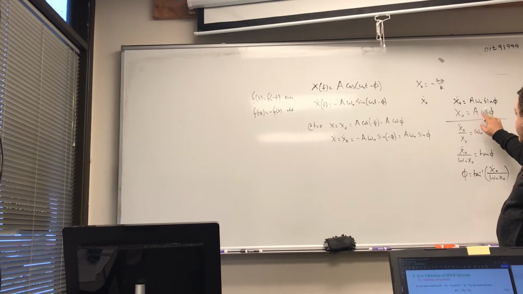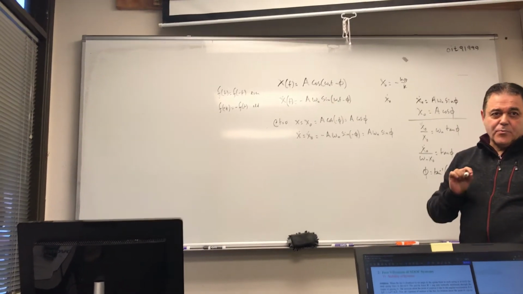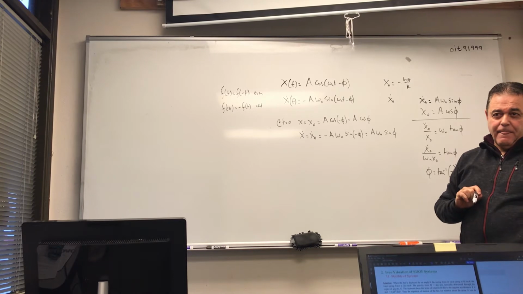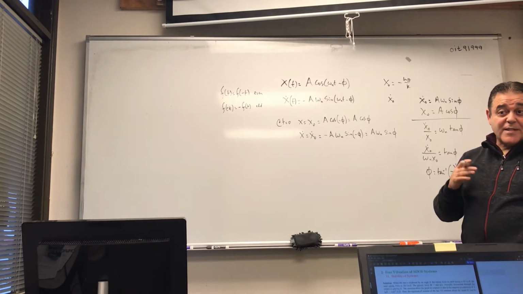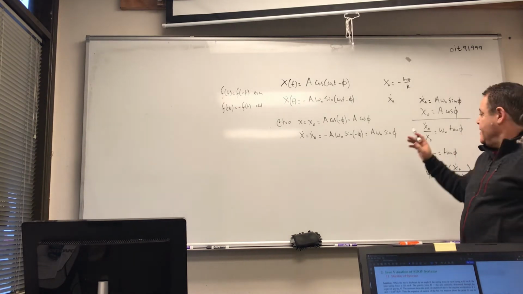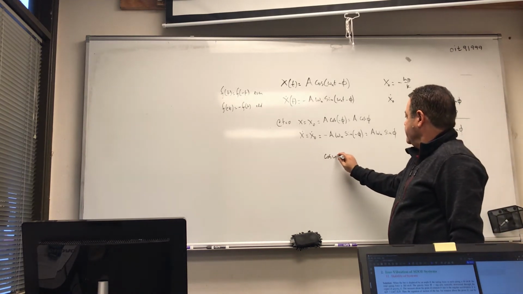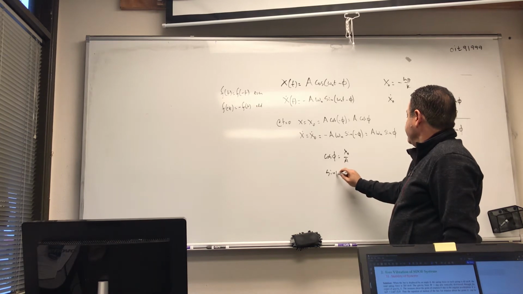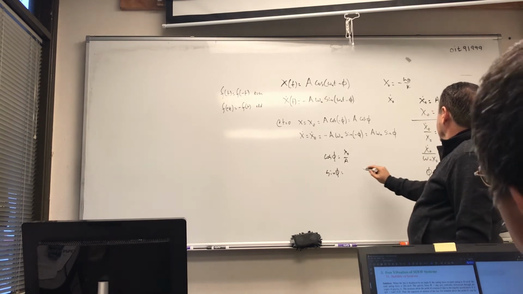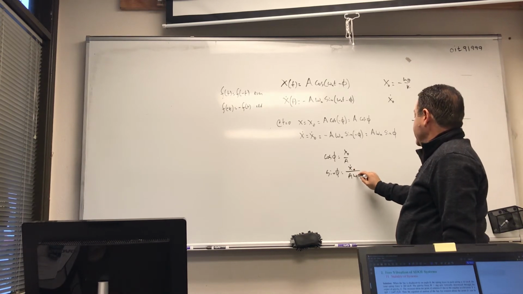When you have a sine and a cosine, there is one identity that is very useful: the sine squared of an angle plus the cosine squared of the same angle is always equal to 1. So what is the cosine here equal to? x naught over A. What's the sine of phi equal to? x dot 0 over A omega n.